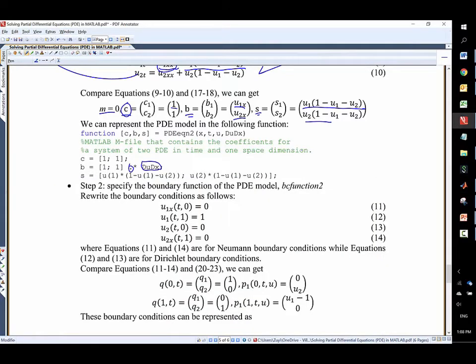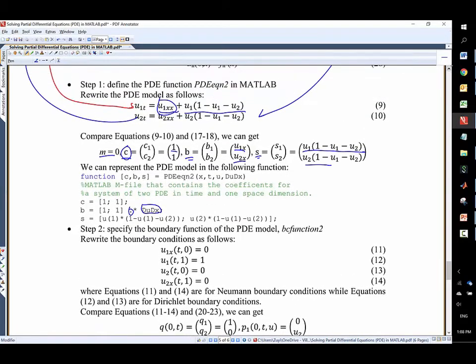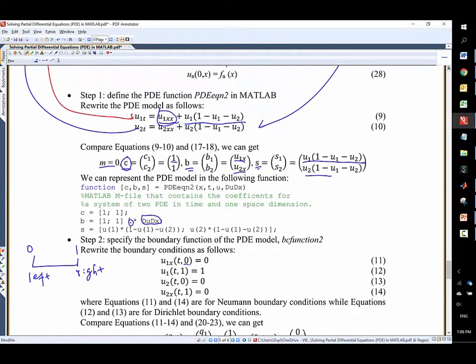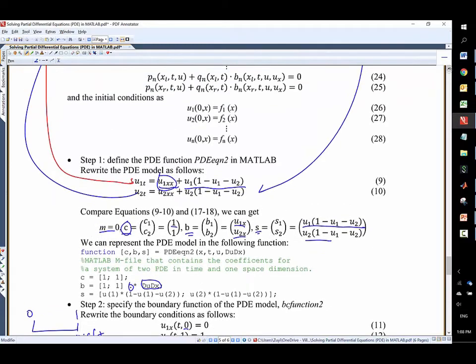So we're done with the PDE. The most challenging one is the boundary condition. So now let's take a look at the first one. Again, this changes from 0 to 1. The 0 means left, 1 means right. Now let's work on the first one.